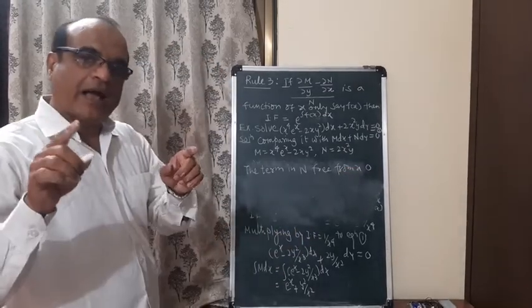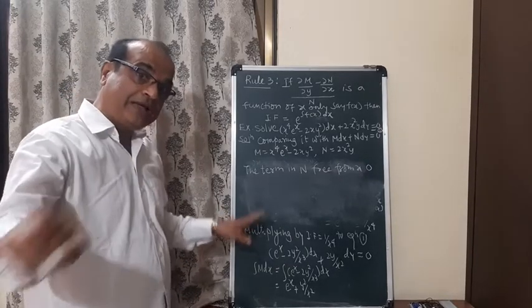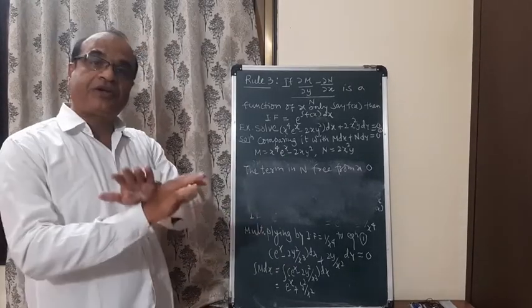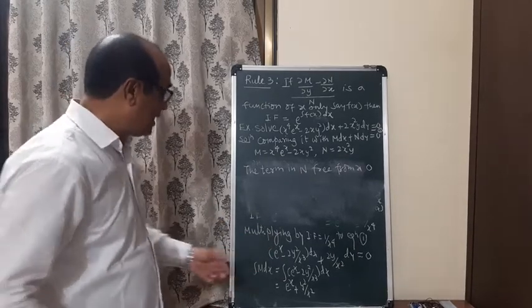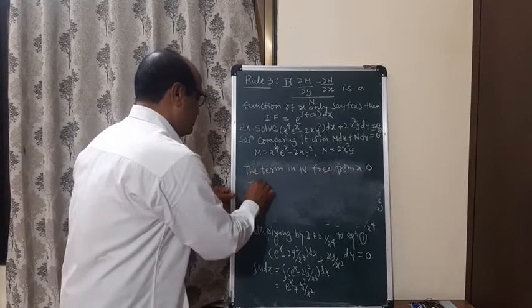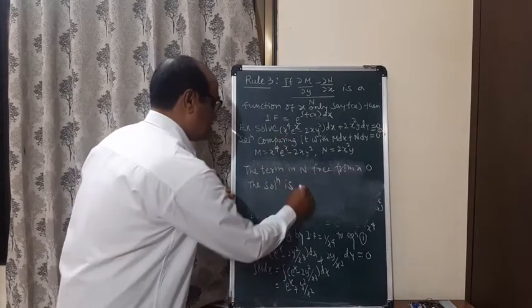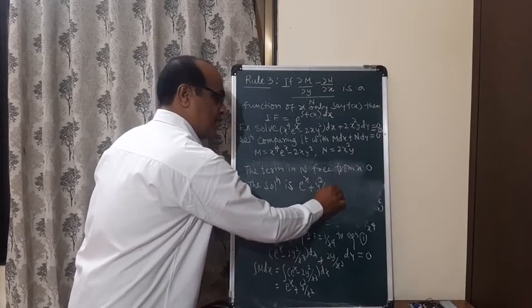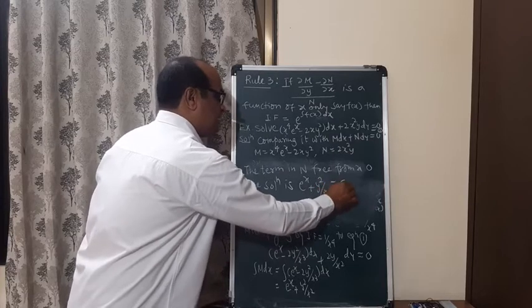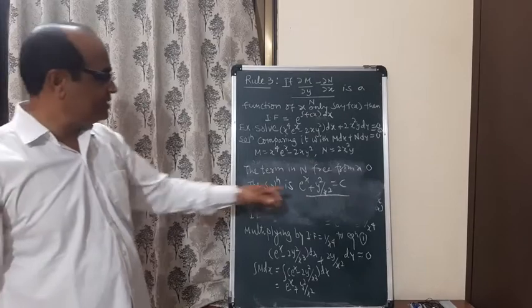There is no term without x there, so there is no need to integrate it. Therefore the solution is e raised to x plus y square upon x square is equal to c. So this is the solution here.